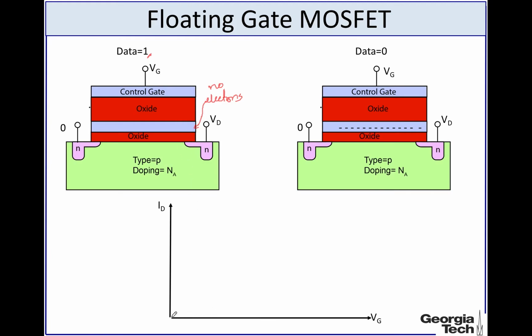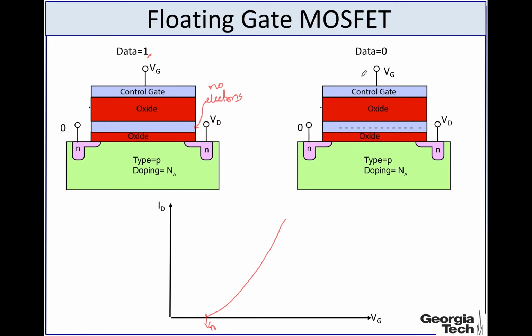For a regular MOSFET we know that the ID-VG curve looks like this, and this is the threshold voltage, which we call VT1. The 1 represents the data value that is held in there.